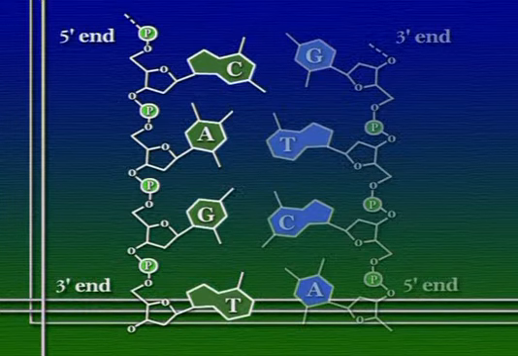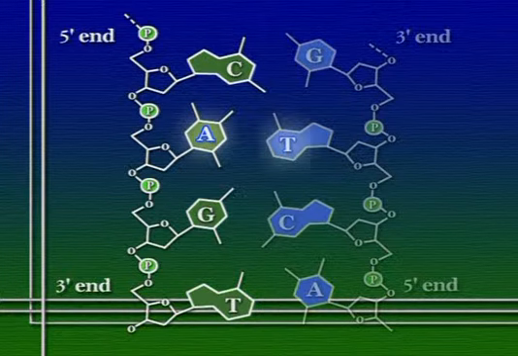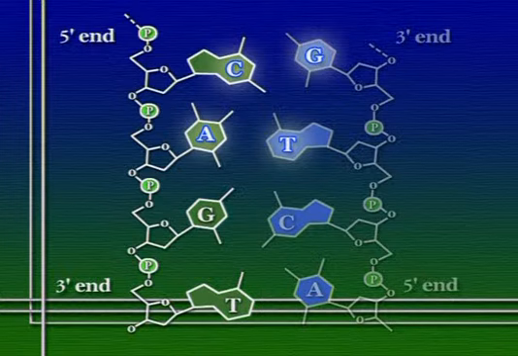You would always be able to say, if there's an A on this side, then the other side must be a T. There's a C here, the other side's got to be a G, and so forth.